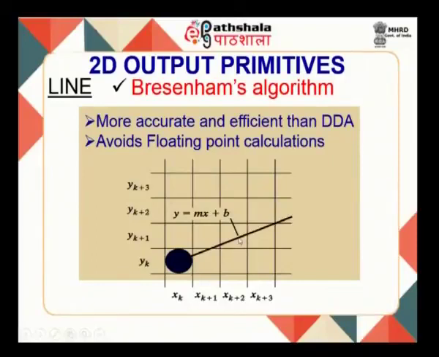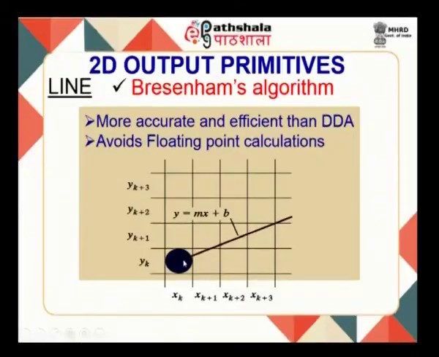If you recollect the discussion on the DDA line drawing procedure, we talked about various line types. Lines are inclined towards the x axis or towards the y axis, or maybe the line slope is equal to 1, sometimes dy is equal to dx. Whatever the line type, depending on how the line is inclined, we are going to sample the line either along the x axis or along the y axis.